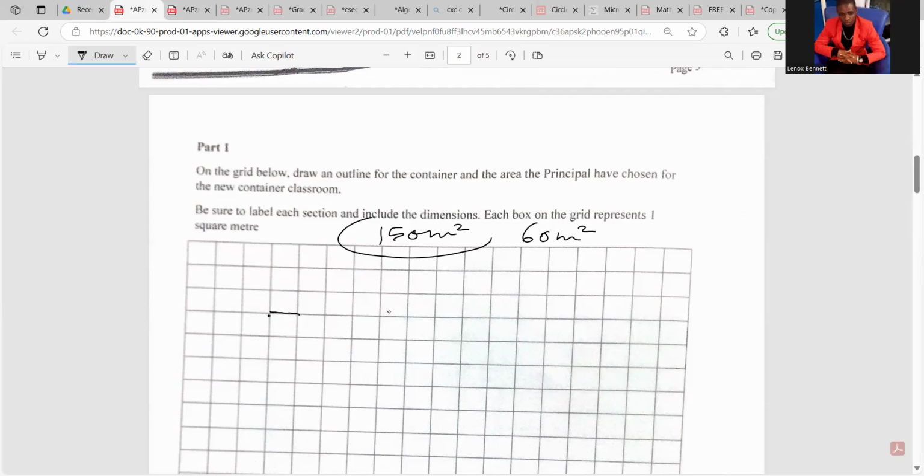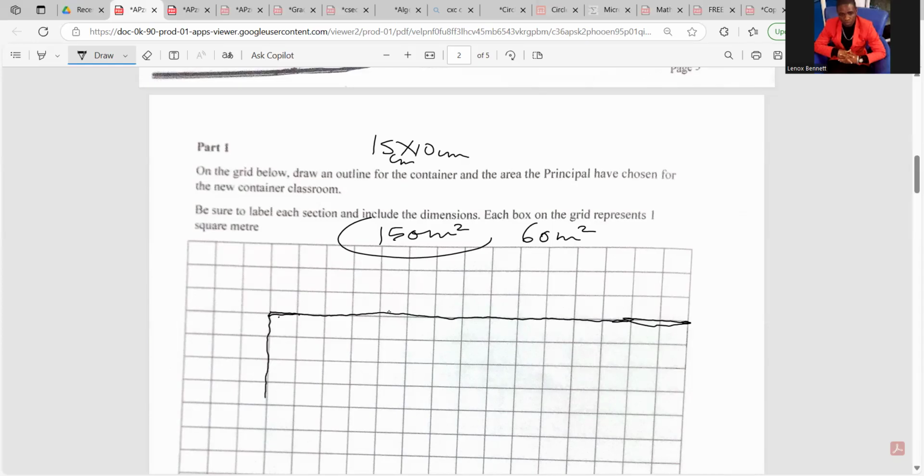I say if I can get 15 here: 1, 2, 3, 4, 5, 6, 7, 8, 9, 10, 11, 12, 13, 14, 15. Alright, so it's exactly 15 here. To get the 150, I'm multiplying 15 by 10, right?